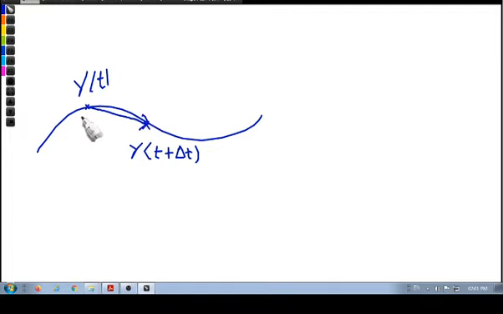This is the point P. This is the point Q. I will consider a unit vector at the point P, normal to, that means perpendicular to, the tangent vector. This is the tangent vector at the point P. So this is the unit vector N.